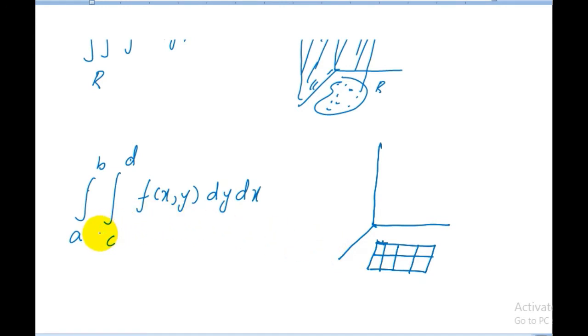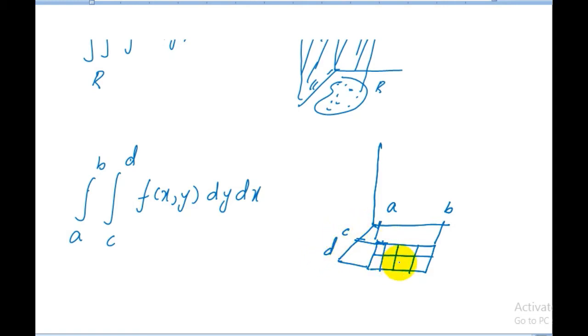The first limit a to b is for x and the second limit c to d is for the variation of y. In this case, x varies from a to b, and the variation of y is from c to d.